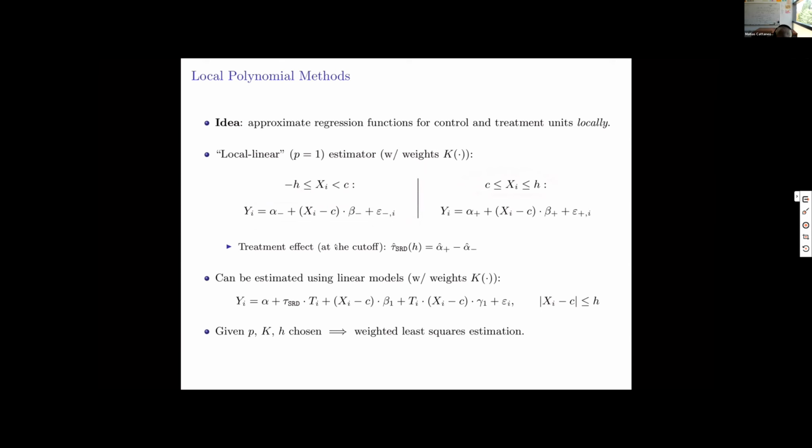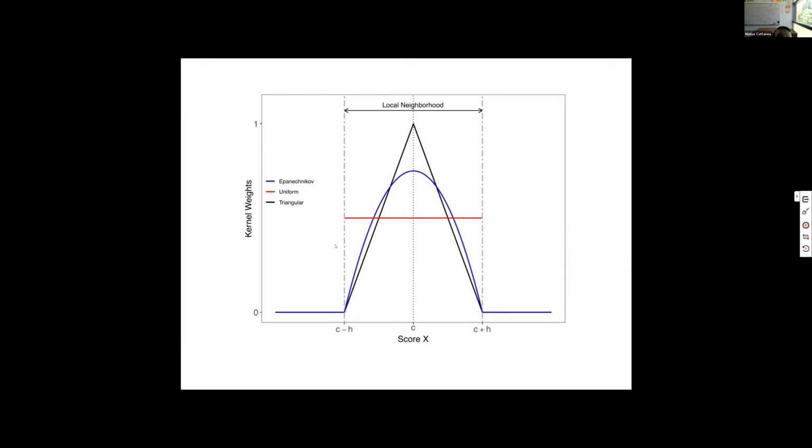There are 3 of them that are quite popular in practice, and the 3 are plotted here, and they are arguably the most interesting ones. The first one, which is a default from a point estimation perspective, because of its optimality properties, which is not super important today, is known as the triangular kernel.